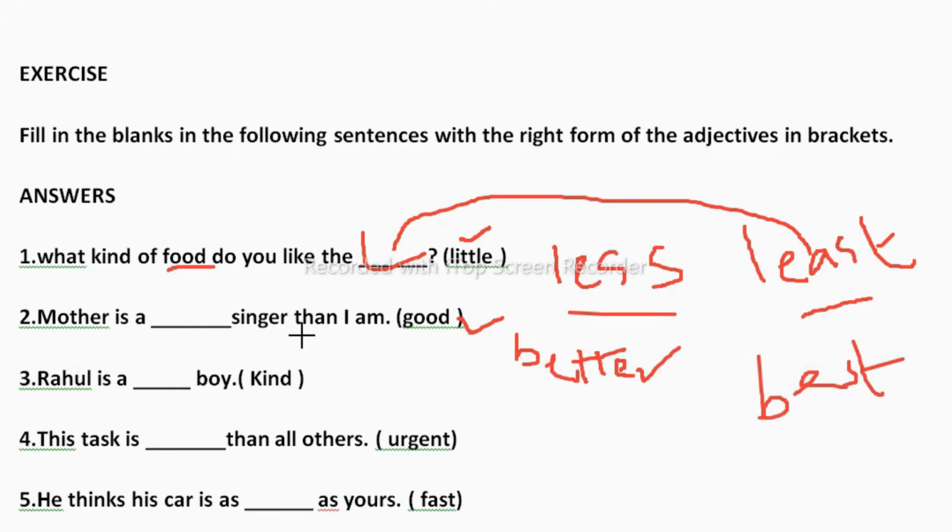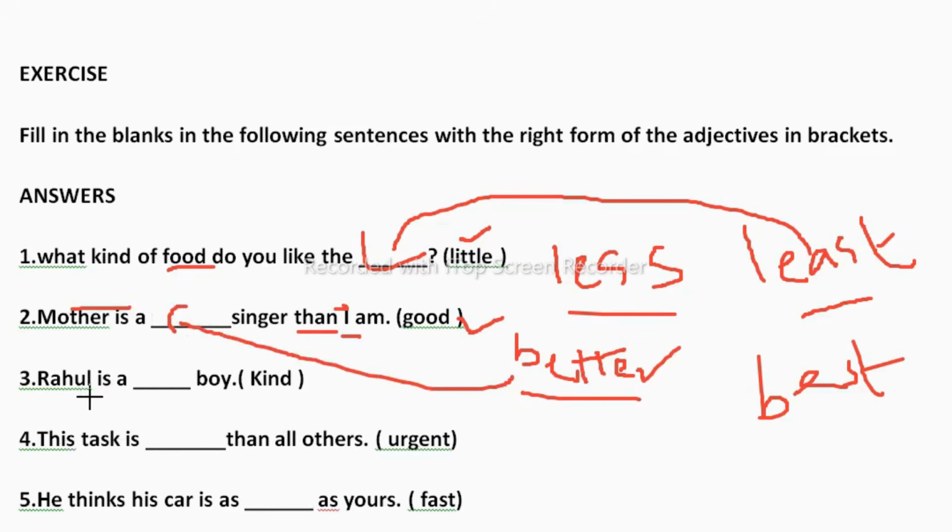So here you can see, than we use when we are comparing two things. When we are going to compare two persons or things, at that time we have to use than, and along with this than we have to take comparative degree, not positive degree. So better we have to use here. Mother is a better singer than I am, because here we are comparing two persons, this I and mother. So better we have to write here.